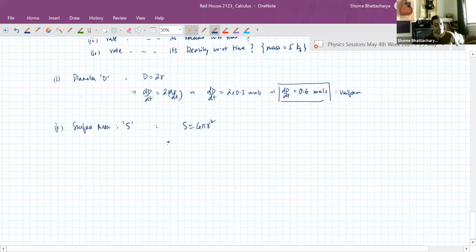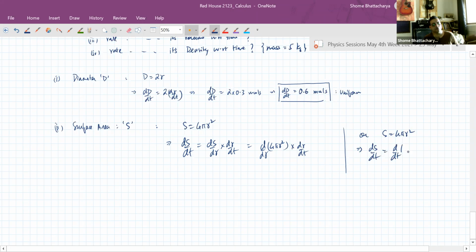Okay. So the instantaneous rate of change of S with respect to t, we will have to write like this. That is differentiation of the quantity 4 pi r square with respect to r multiplied by dr by dt. Or another way of expressing this is that S is equal to 4 pi r square, so ds by dt is equal to differentiation of this quantity 4 pi r square with respect to time.